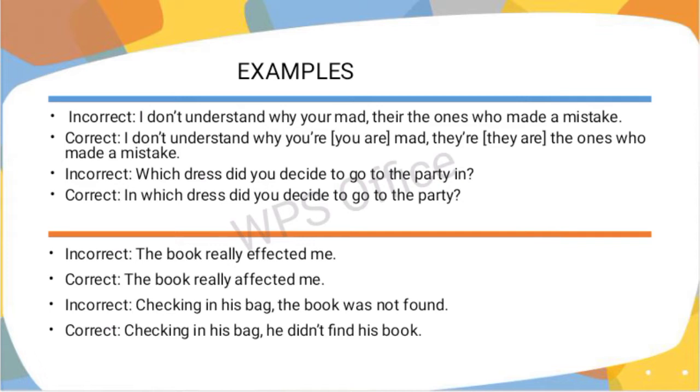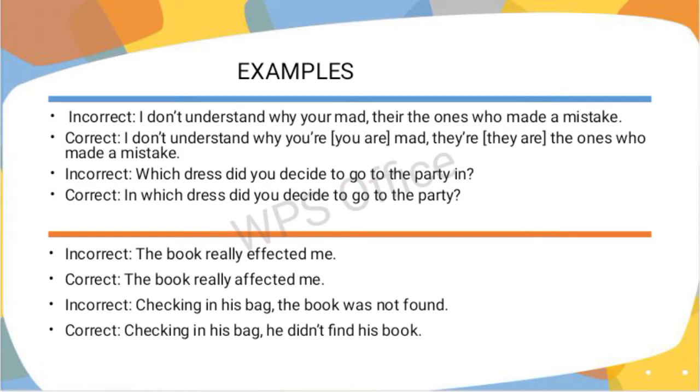Next is, which dress did you decide to go to the party in? And the correct sentence is, in which dress did you decide to go to the party? This example belongs to ending a sentence in a preposition, because as you can see from the incorrect sentence, it is awkward to hear the first sentence.